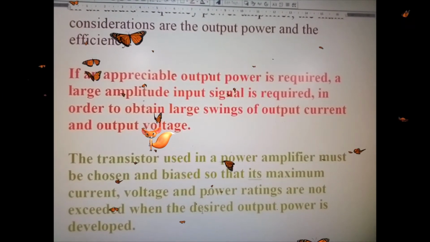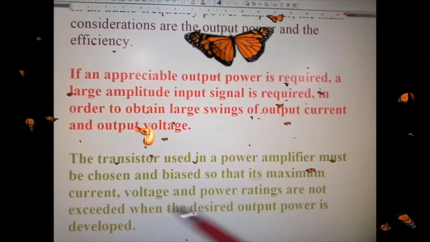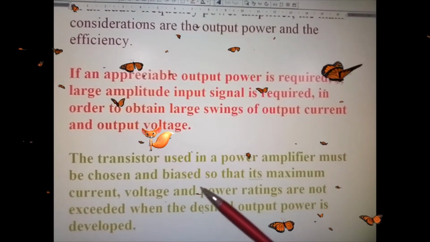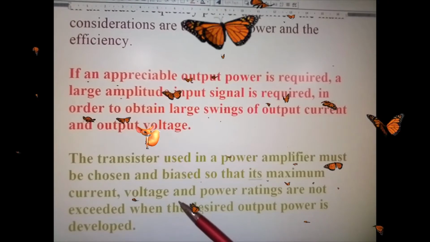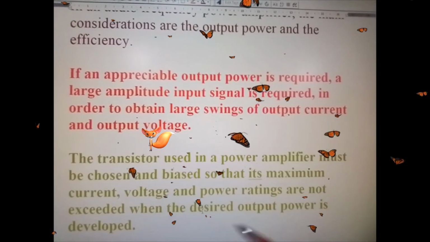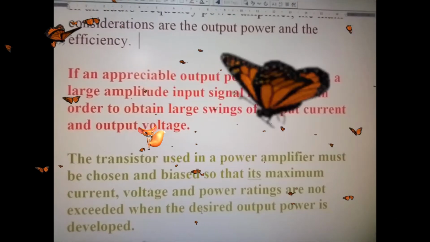The transistor used in a power amplifier must be chosen and biased so that its maximum current, voltage and power ratings are not exceeded when the desired output power is developed.